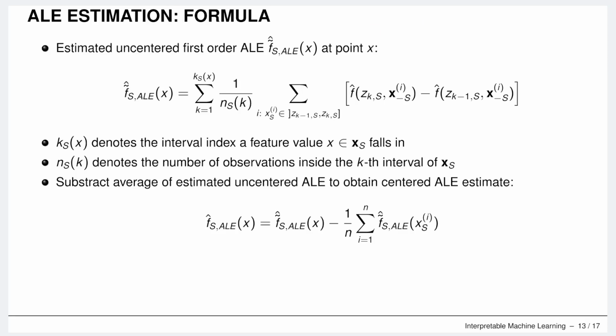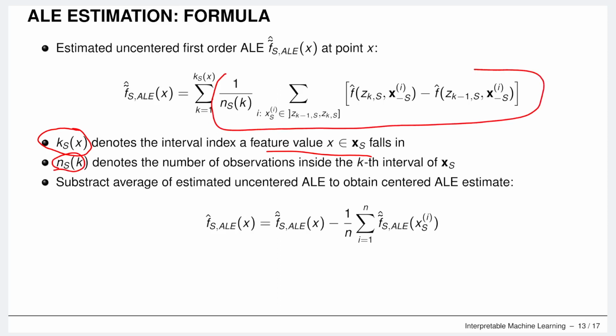Here we can try to write down the estimate of AL plot into a formula. First of all, let's introduce what we have defined here. We have Ks, which denotes the interval index of a feature value from the feature of interest. This tells us in which interval we are currently looking at. And then we have as notation ns the number of observations inside this interval.